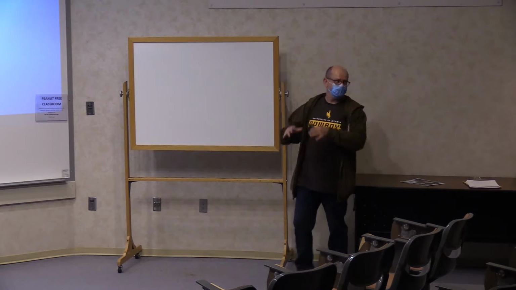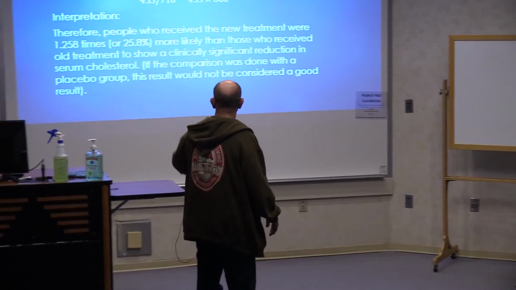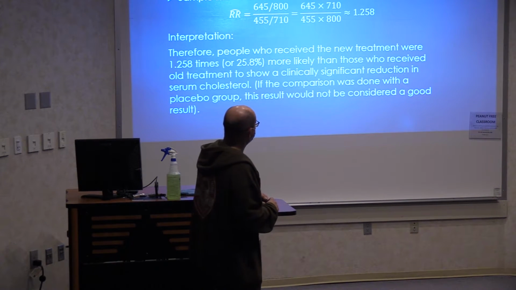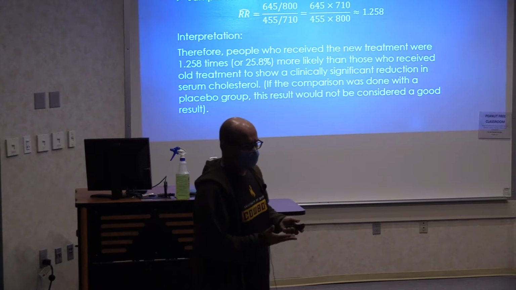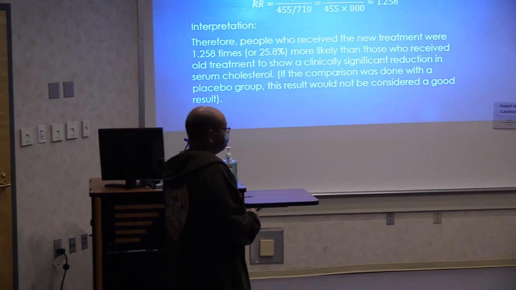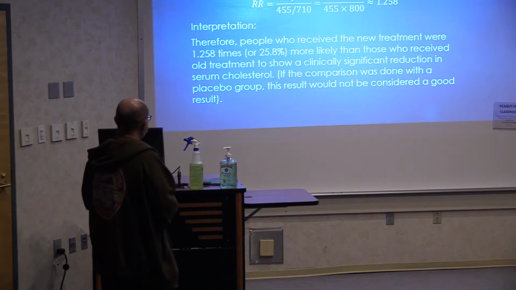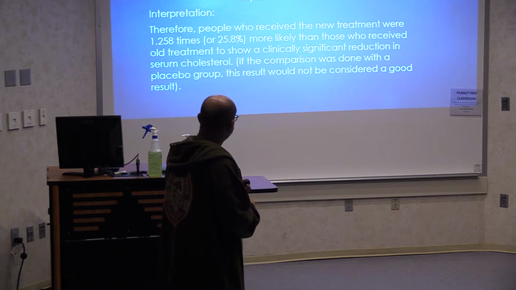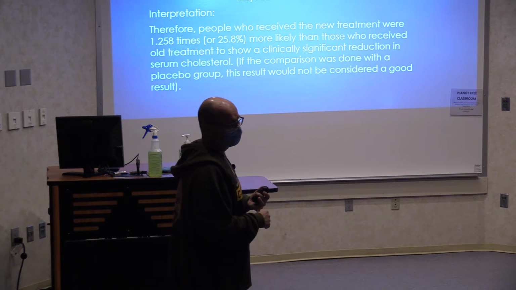Once I simplify everything, cross-multiplying 645 times 710 divided by 455 times 800, I get 1.258. It's a very modest result. It's not a bad result, but it could be better in any case. But what does it mean? It means that people who receive this new treatment were 1.258 times more likely than those who got the old treatment to show a clinically significant reduction in serum cholesterol.